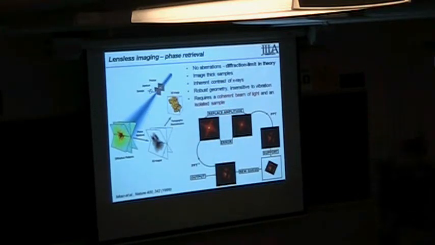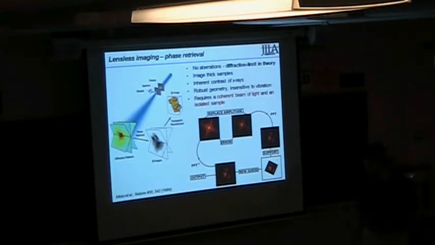The other nice thing about this approach is that it's much more robust to vibrations in the system compared to zone plate microscopy, because what we're measuring is this diffraction pattern, where any feature size on the pattern is set by whatever distance you put the CCD away or how small your pixels are. So really we need less than 10 microns of vibration in general.